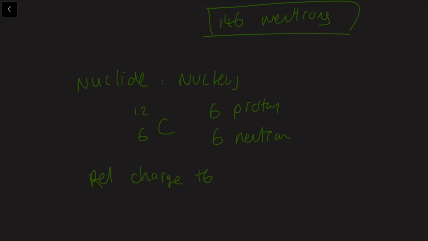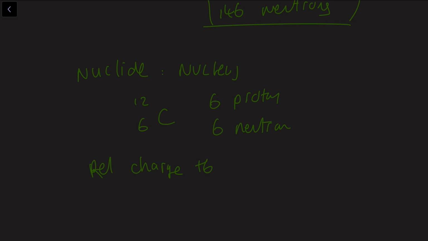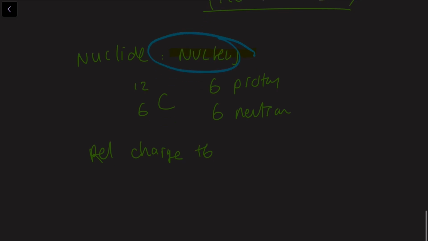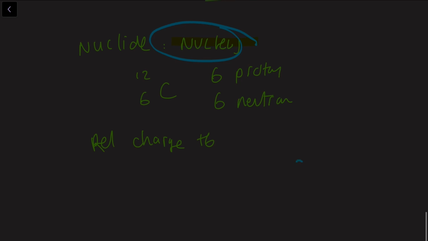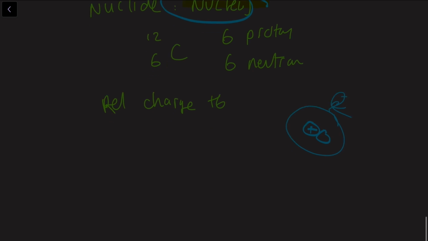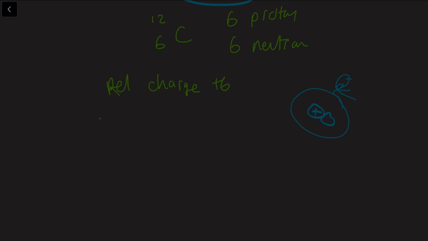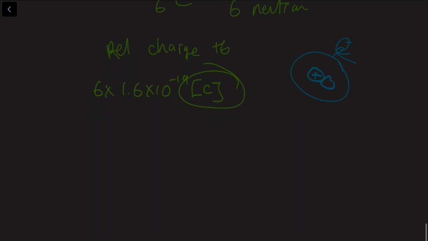The reason it has a relative charge of +6 is because it's only the nucleus we care about, the stuff in the middle. Electrons, we do not care about them. They are irrelevant. Therefore, it's got a relative charge of +6, and the actual charge will be 6 multiplied by 1.6 times 10 to the minus 19 coulombs. Very important to remember your units.